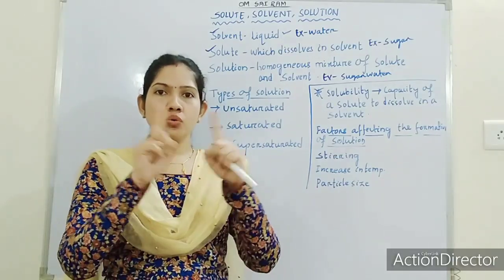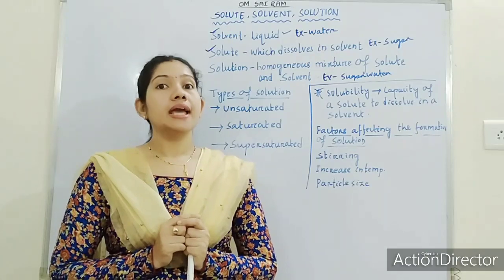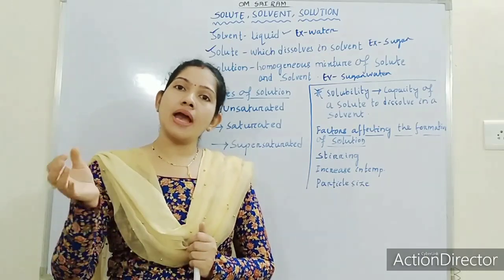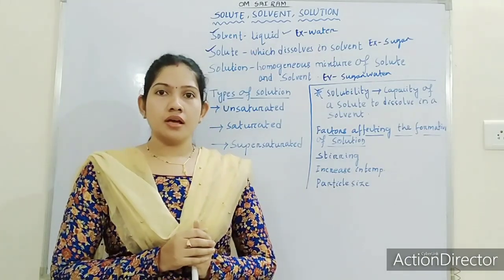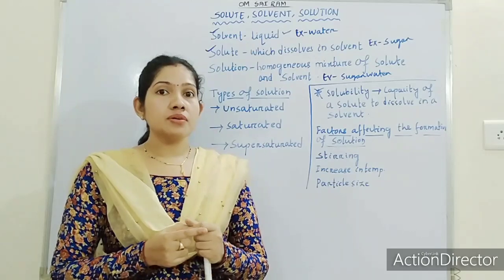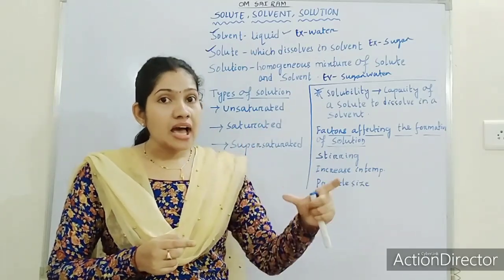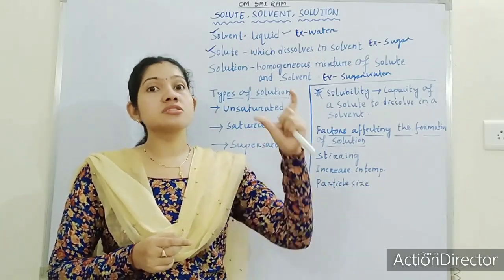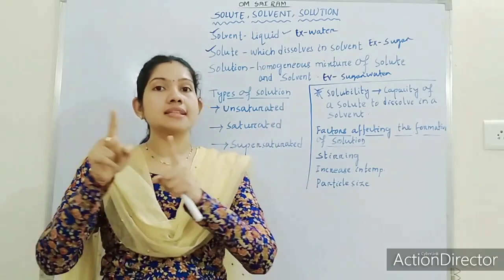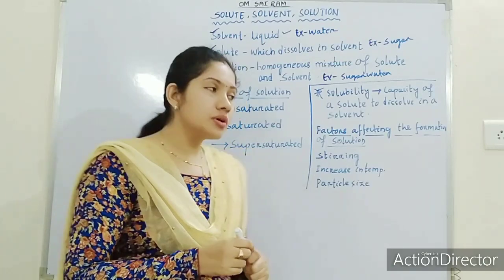Suppose you take two glasses of water. In one glass you add salt, in another glass you add sugar, and you just try that. You can observe that the glass which contains salt will form the solution faster than the glass which contains sugar.